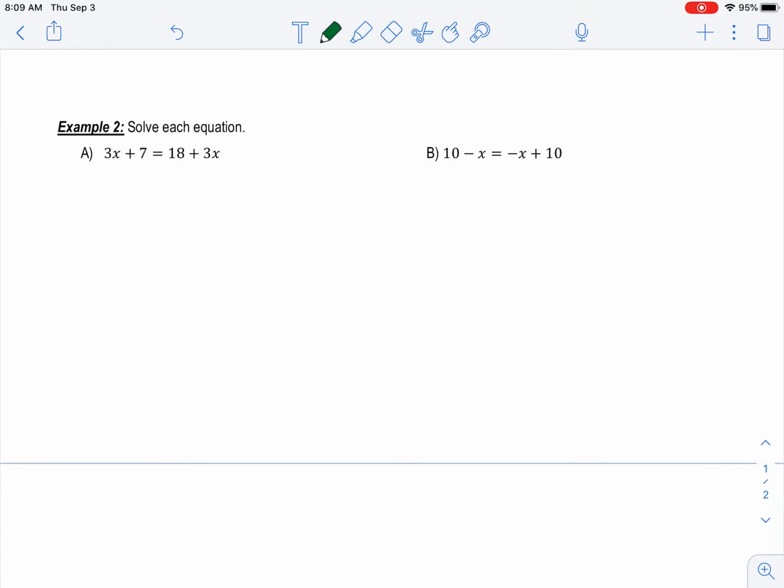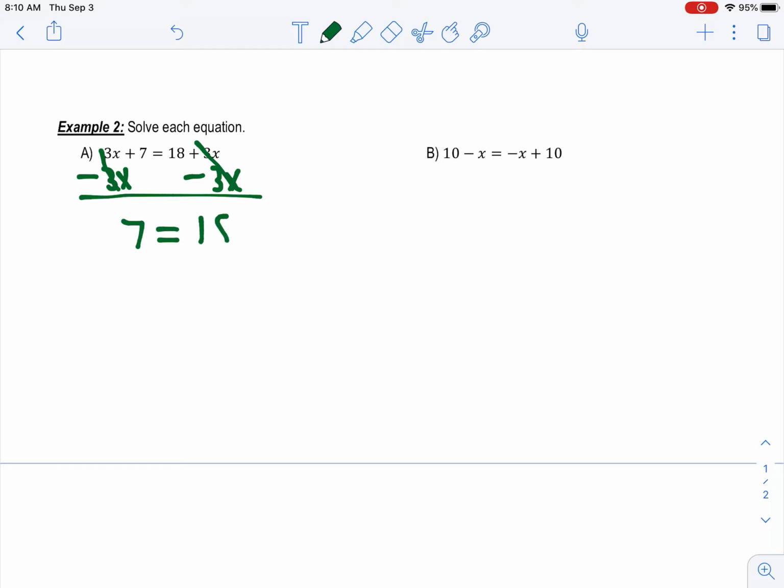These are going to be some special cases in example 2. Now, let's move our x's to the left, so I'm going to do minus 3x. Minus 3x. Ooh, you'll notice it cancels and changes to 0, so those are gone. I'm left with 7 equals 18.